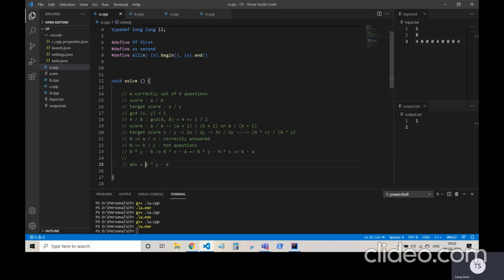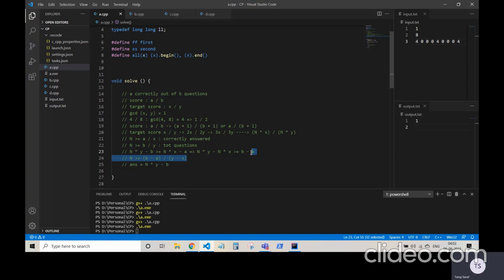So this means that we have to find the value of n into y as close as possible to b, but it should still be greater, right? This cannot be negative for sure because we have attempted more problems. So either it is 0 or it is some positive quantity, and we have to minimize that. So from these three equations, whatever n value we have got, I think I erased that last inequality: b minus a divided by y minus x.